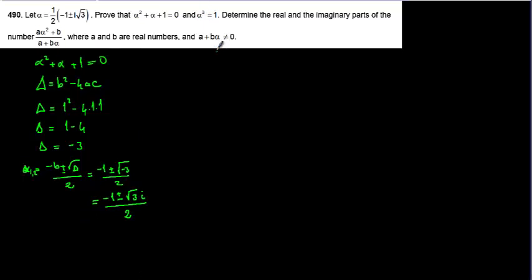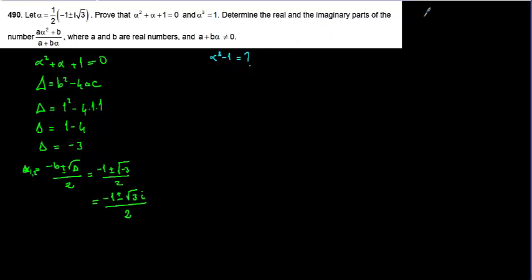If I find that alpha cubed minus 1 is equal to 0, then I'll prove that alpha cubed is equal to 1. Why am I going to look for this value?